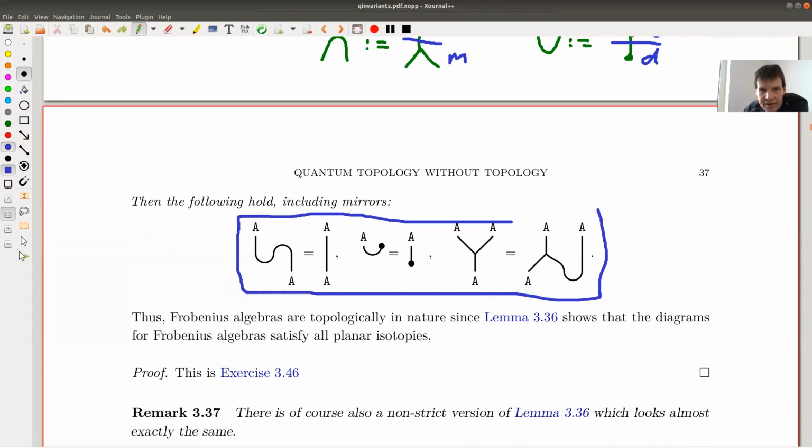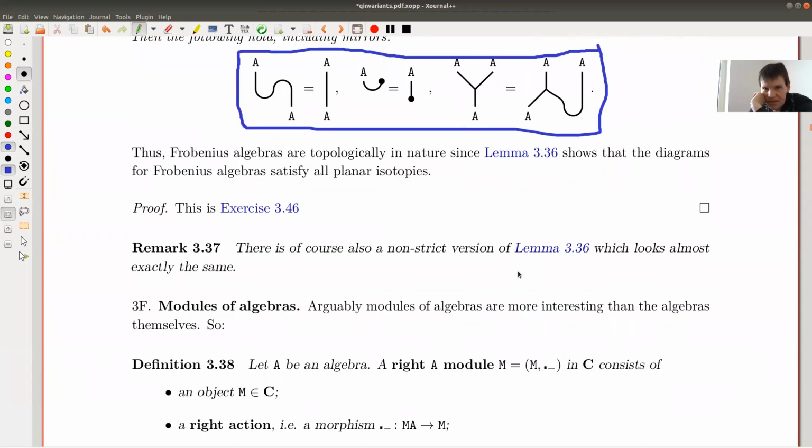Like zigzag, and you could pull things around and everything. So that's the point, right? We're doing topology here. Secretly, we're doing topology. So all topological relations you can think of basically hold in Frobenius algebras. Okay, and yes, everything here is strict, but we don't worry about that too much.